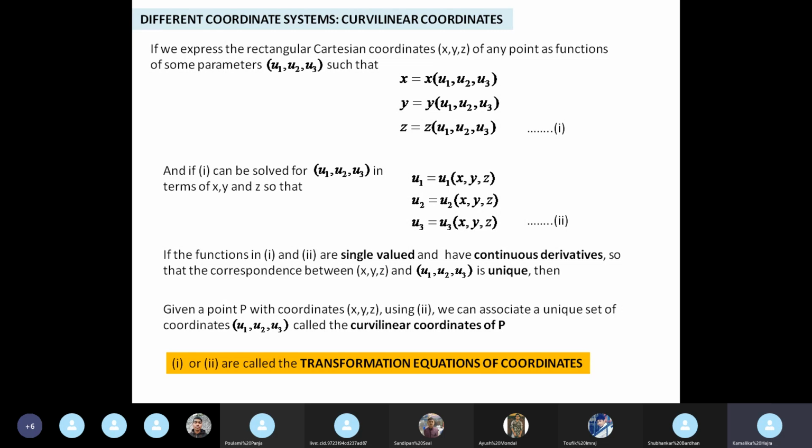Because first of all, as I told you, the XYZ system, the Cartesian system, is a very special kind of coordinate system. In the universe, it might not always occur that all the axes are mutually perpendicular and all the intersecting surfaces are planes.